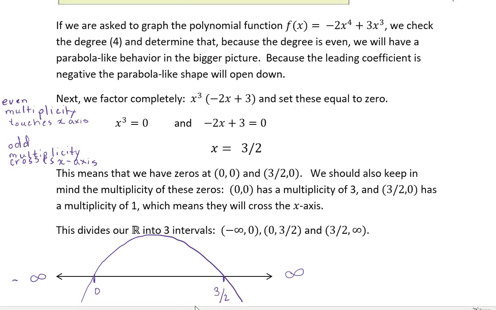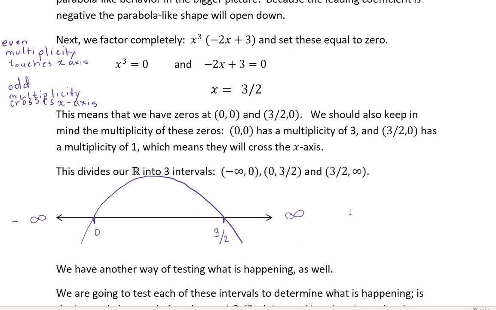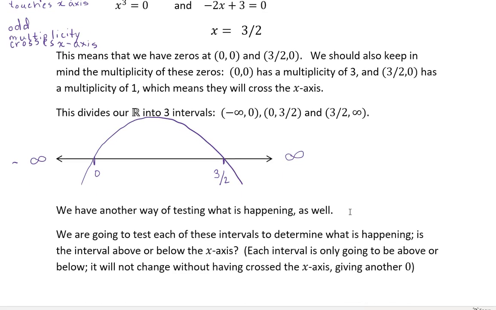All right? And from what we know, just by working through our degrees and our multiplicity, we already know that this is going to do something like this. This may not be perfect, but it's going to be really close. There's another way of testing this as well, and if you're ever unsure whether you've got this right, like, I don't remember what the multiplicity does, if it's odd or even, this is a way to do it.